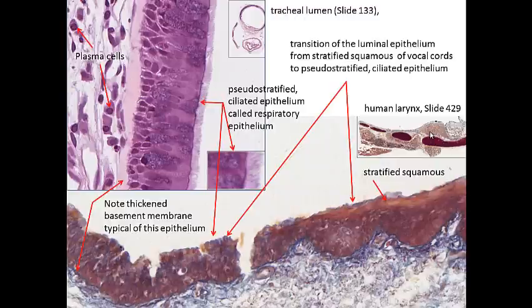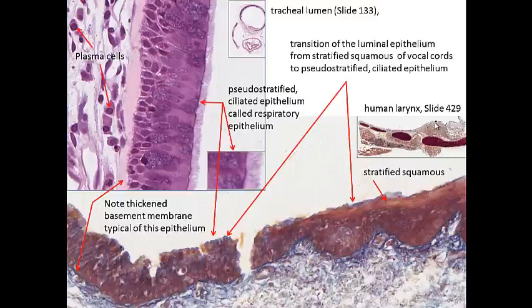And if you look at a certain place in the conducting portion of the respiratory system, this is where you have the true vocal cords. And the true vocal cords don't have respiratory epithelium. They have stratified squamous epithelium, because that's the type of epithelium that's on your skin. That's the type that's in your esophagus to withstand abrasion.